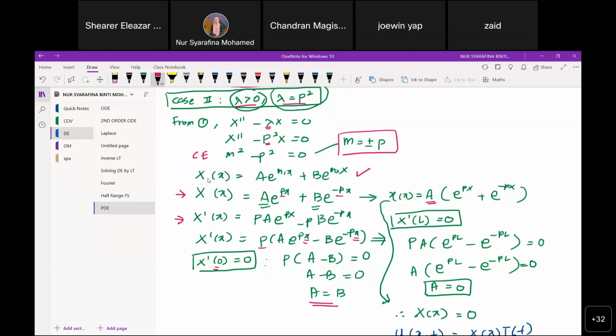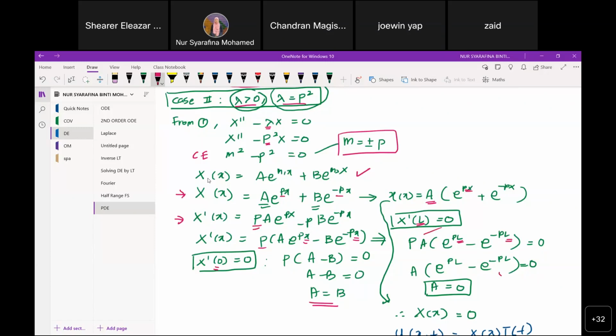Then again, apply the second condition, x prime L equals 0. So when x equals L, x prime here equals 0. So p here, this one, x prime. Then put p outside, the right hand side equals 0.